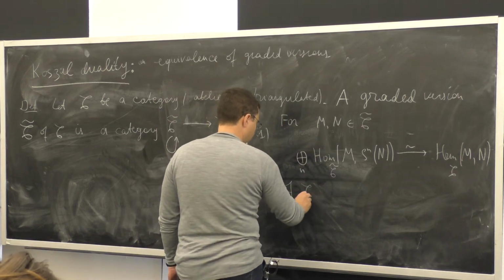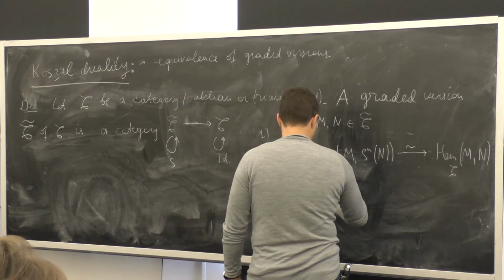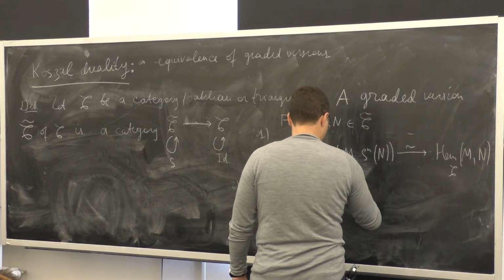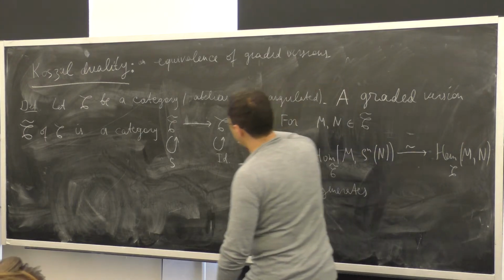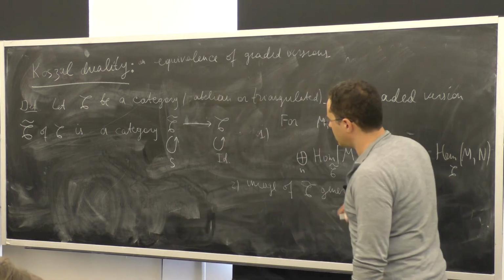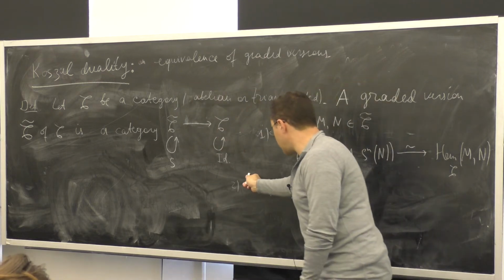And the meaning of generates means something in the triangulated context, something different in the abelian context. Let's not spend time on this.